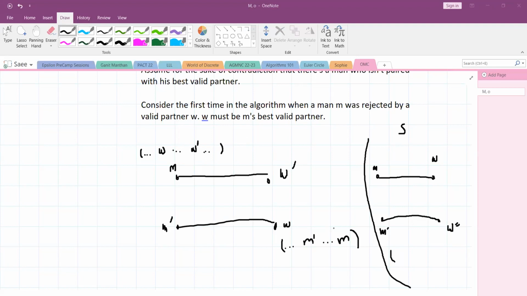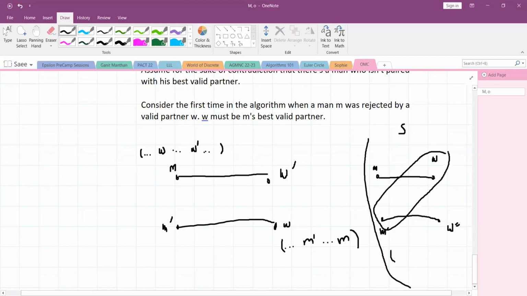We know that W wants to be with M prime more than M because of this, right? So W likes M prime more than she likes M. Now if M prime also likes W more than W double prime, what does that tell us about M prime and W?